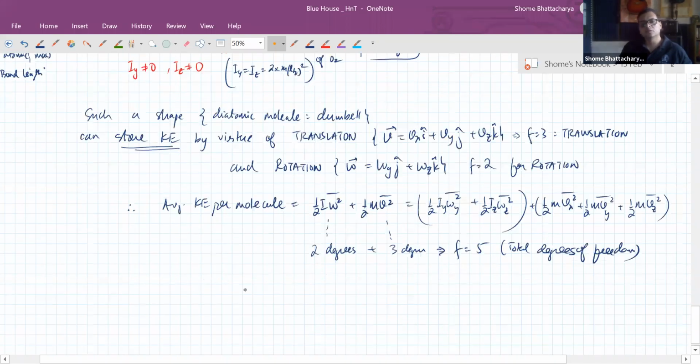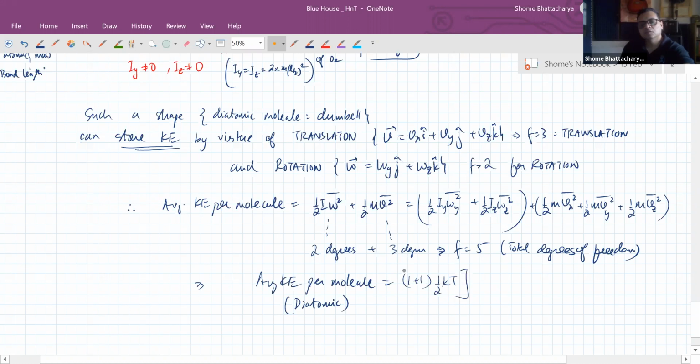So therefore, the average kinetic energy per molecule for diatomic molecule, that will become (1 plus 1) into half kT plus (1 plus 1 plus 1), that is 3 by 2 kT for translation.